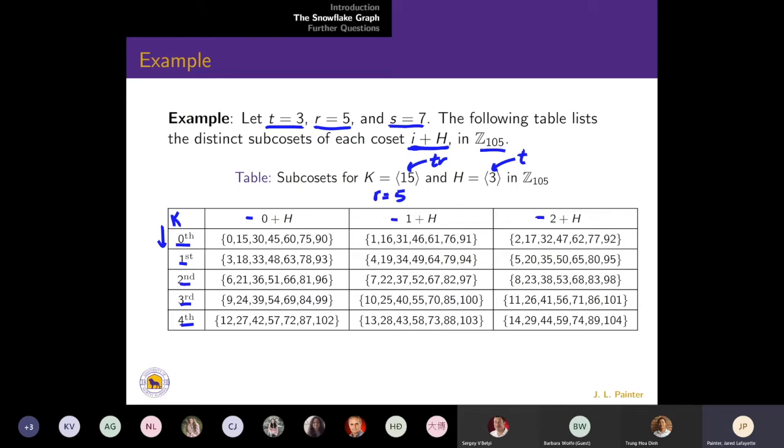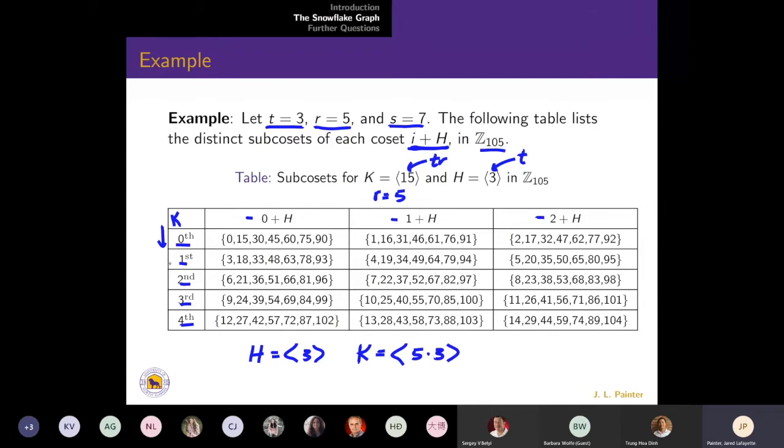Just to be clear about how these work, H is the subgroup generated by 3, and K is the subgroup generated by 5 times 3, essentially.